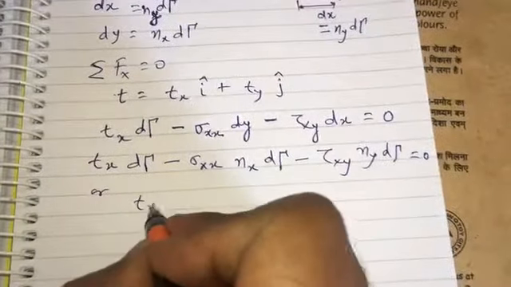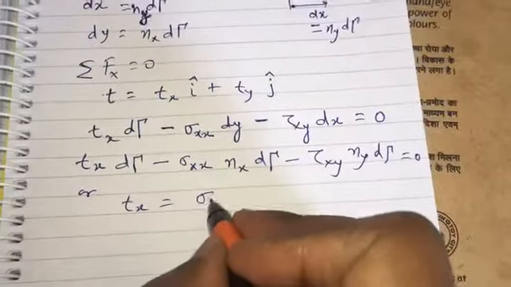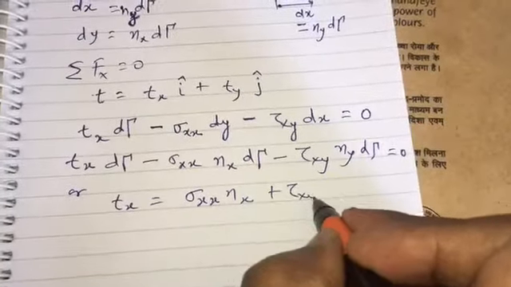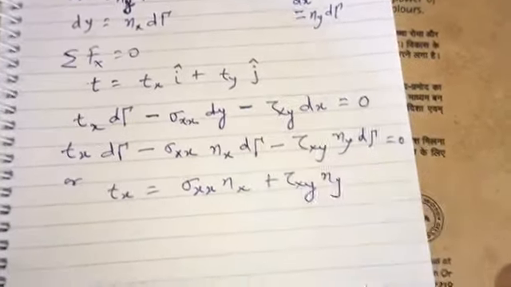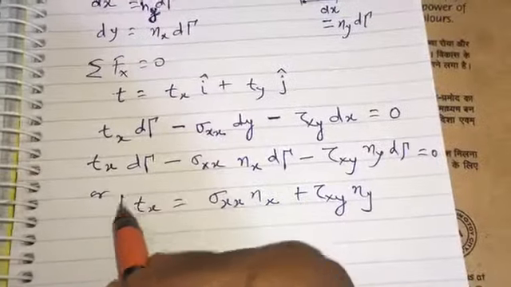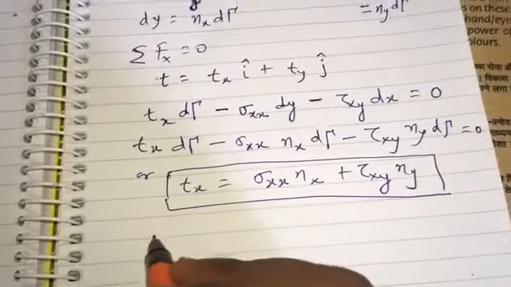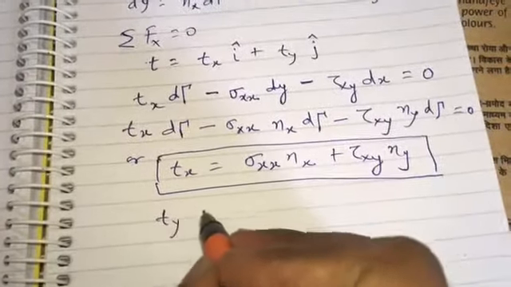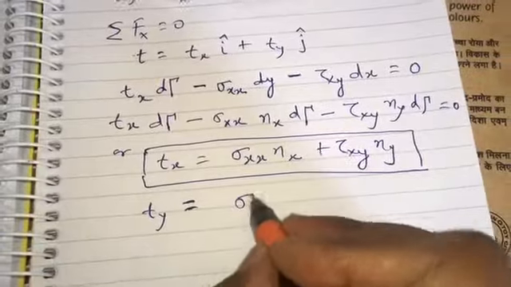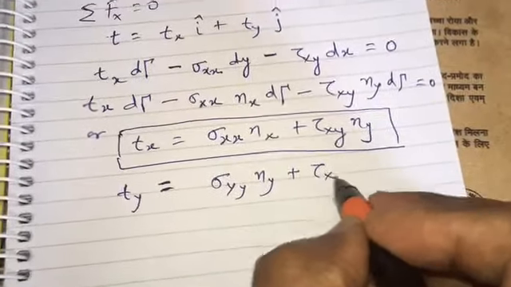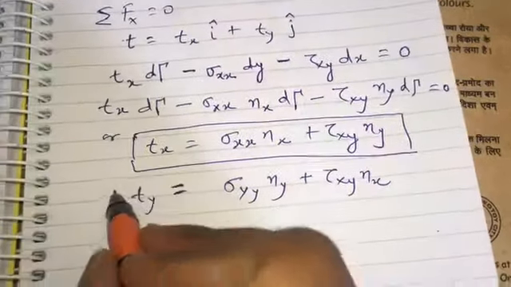Or tx is equal to sigma xx nx plus tau xy ny. So we get it like this. Similarly, we can find ty equal to sigma yy ny plus tau xy nx.